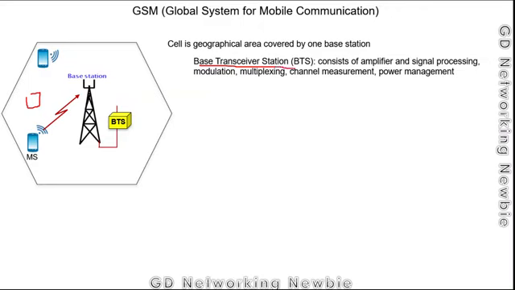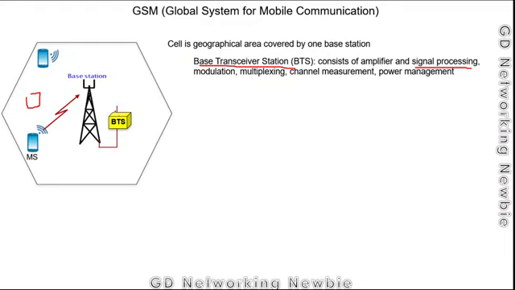This BTS consists of amplifiers, and these amplifiers are there to strengthen the signal, to give more power to the signal, to amplify the signals. This BTS also performs other signal processing things like modulation, multiplexing, channel measurements, and power management.